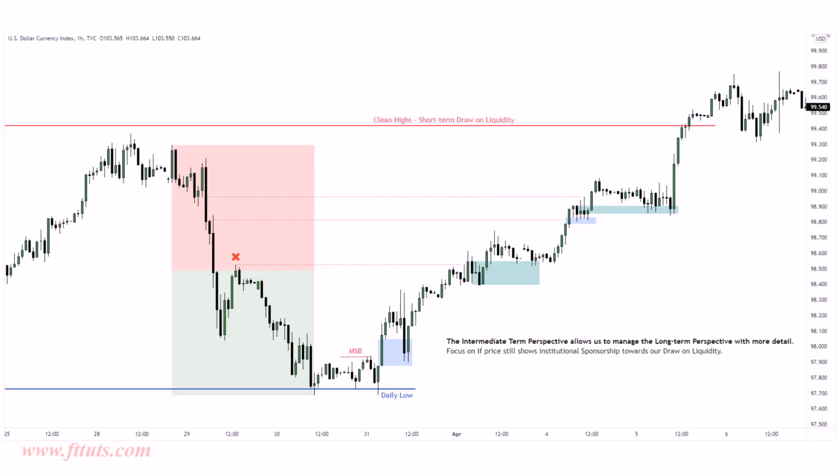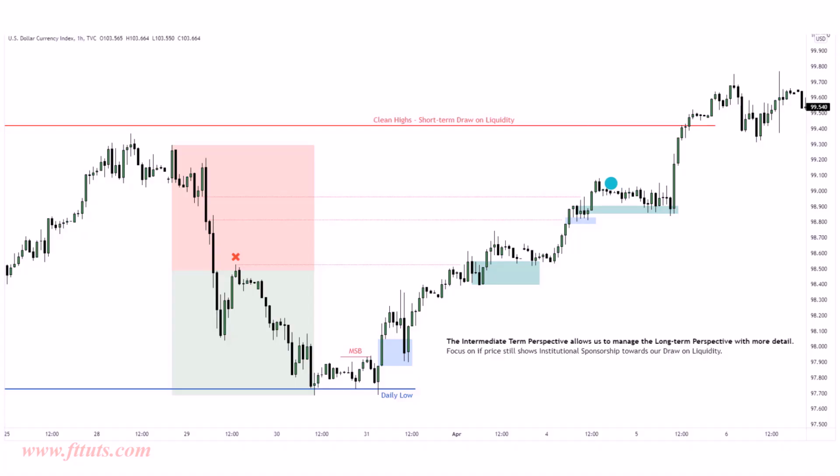Okay. The intermediate term perspective allows us to manage the long-term perspective with more detail. Okay, so if you want to know long-term if that level is going to hold and if price is going to continue to draw towards the draw on liquidity, we can manage that on the intermediate term perspective. And how we do that is we focus on if institutional sponsorship still remains bullish.